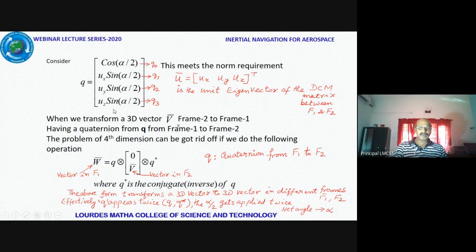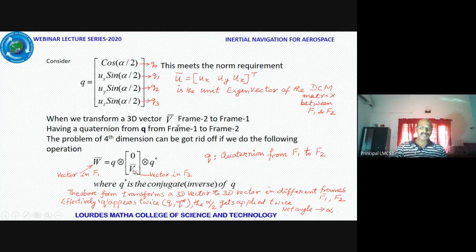So you need to look here: when we transform a 3D vector, let's say V, in frame 2 to frame 1, having a quaternion Q from frame 1 to 2, remember these statements have to be replicated exactly the same. V we want to transform from frame 2 to 1, and Q is the quaternion from frame 1 to 2. The problem of the fourth dimension can be got rid of if we do the following operation.